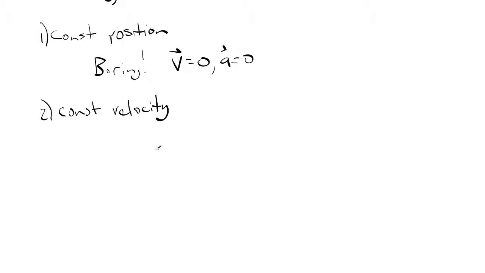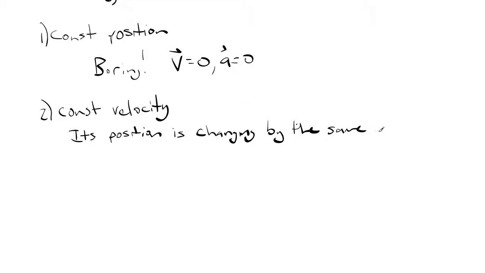Constant velocity is a little bit more interesting, because now we actually have some movement. If an object is moving with a constant velocity, then its position is changing by the same amount during each interval of time.